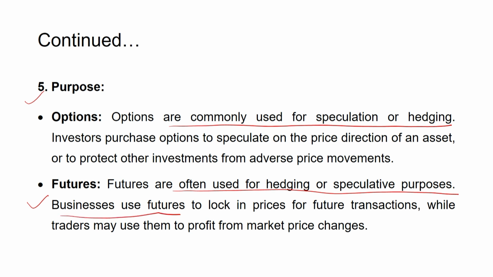So, businesses or corporates may use futures to lock in the prices of the underlying asset for their future transactions, while traders may use them to make profits when the market prices of the asset change. So, these are the differences between the option and the future on the basis of purpose.